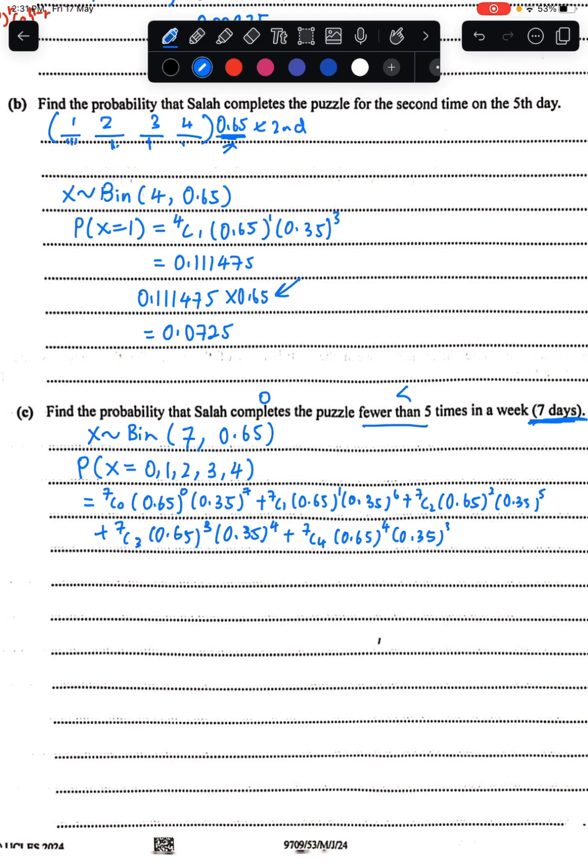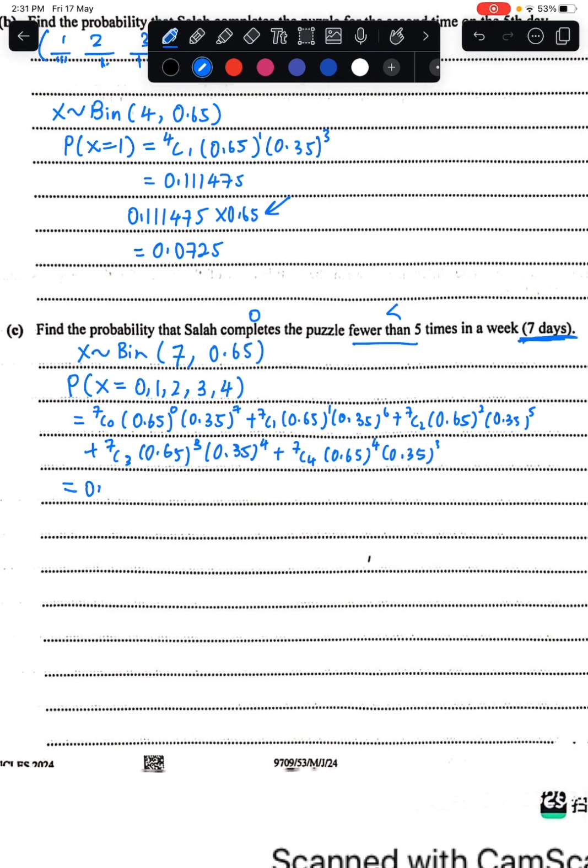One wrong power or one wrong number and you're gone. 7C1 times 0.65 times 0.35 to the power of 6, plus 7C2 times 0.65 squared times 0.35 to the power of 5, plus 7C3 times 0.65 to the power of 3 times 0.35 to the power of 4, plus 7C4 times 0.65 to the power of 4 times 0.35 to the power of 3, and then I got 0.468, and yes, that is the correct answer for this question.